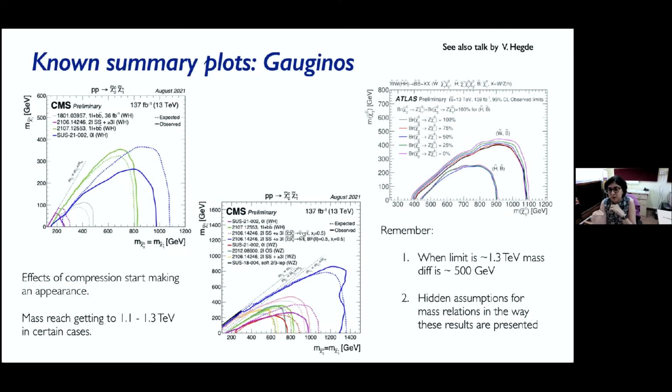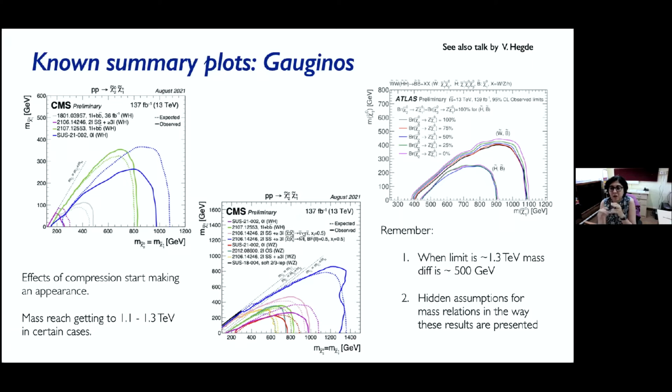However, you should still remember that when the limit is about 1.3 TeV, the mass difference is still 500 GeV. So it's not like 1.3 TeV of Gaugino also implies 1.3 TeV of the lightest neutralino. That is not detectable as of yet. So that's one thing to remember, that the compression effects are very strong in this sector.